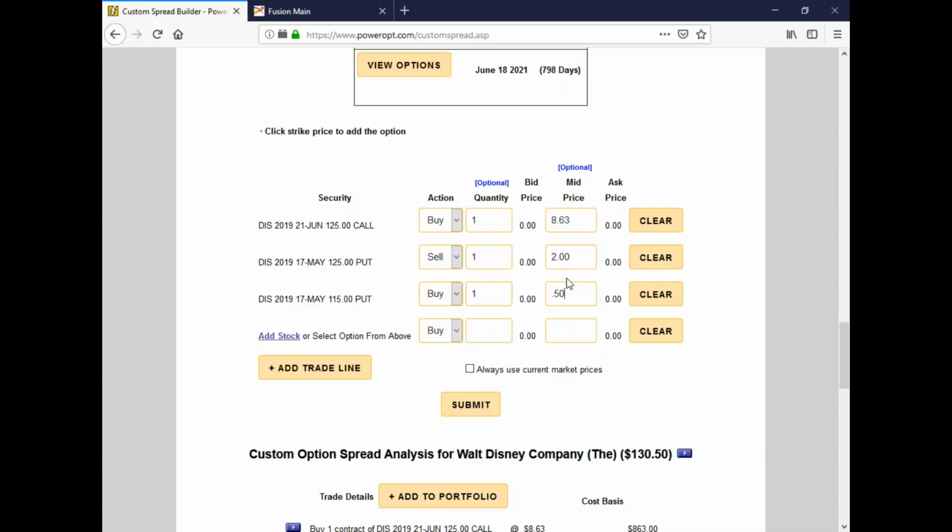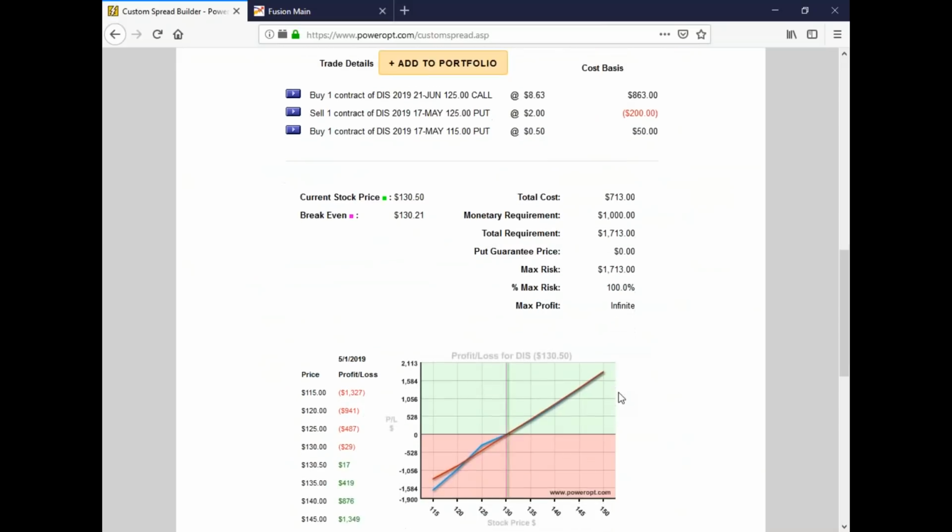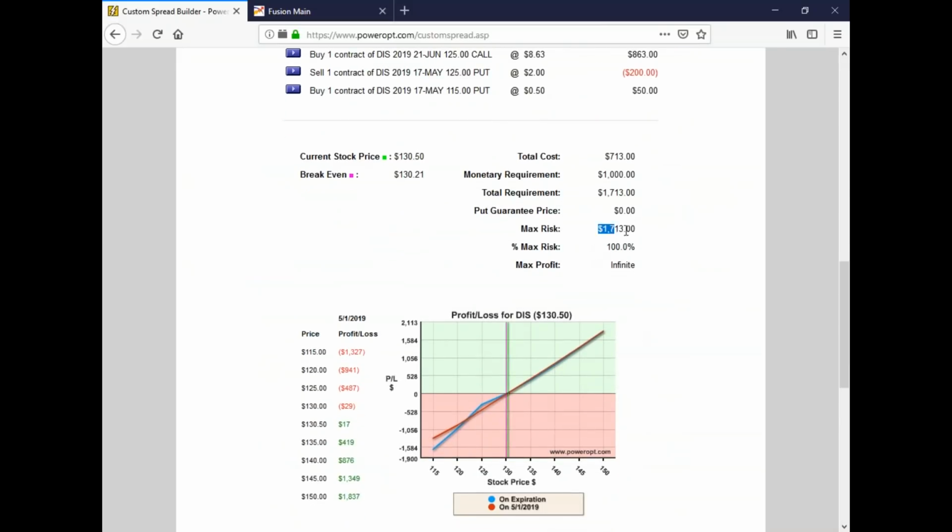We're getting $1.50 net credit on a 10-point bull put spread. By itself, we're looking at about an 18% return. But what you're doing is hedging this long call now by $1.50. But because you're in a bull put credit spread, your max risk is only $1,713.